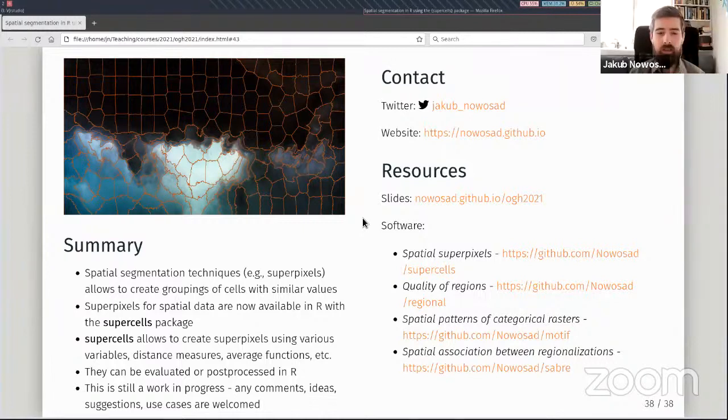So the standard algorithm of the superpixels, which I simplified due to the time, works in this way: it starts with regularly spread centers, but then it goes into a very small local window to check what the most homogeneous cell in that local window is. So the first step is to find the homogeneous local window.